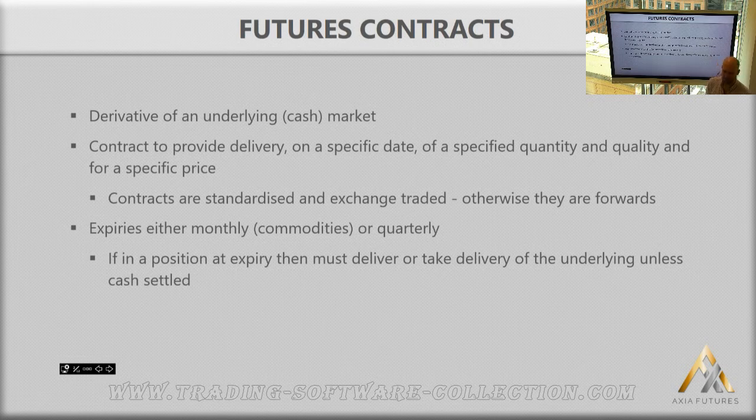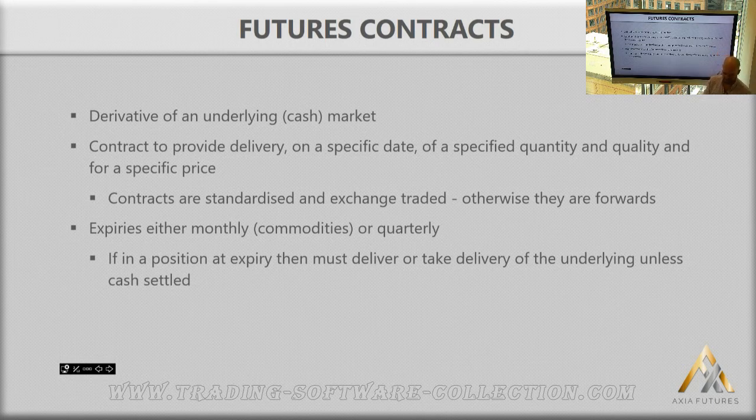And it has happened. I've not seen it happen, but I do know of stories of particularly the non-cash settled contracts. We'll come on to that. But the non-cash settled ones, you will get it. And I have heard of lorry loads of cocoa turning up at offices and things like that. It's predominantly only the commodities that you get the non-cash settling.